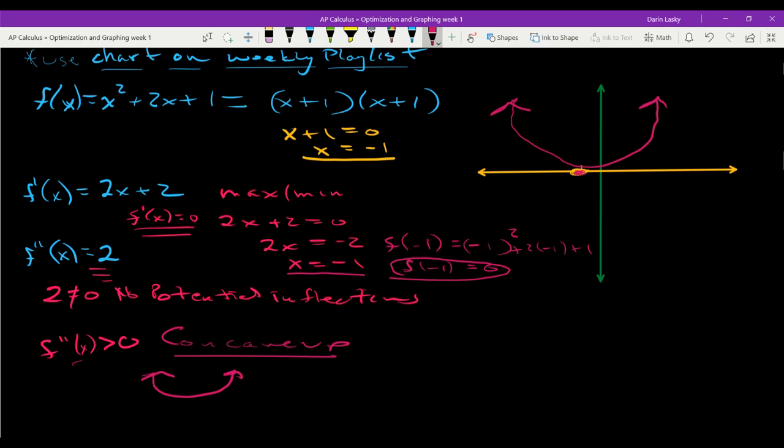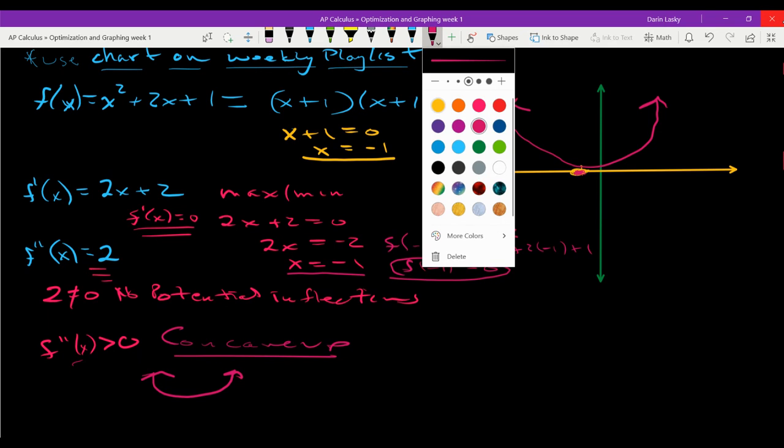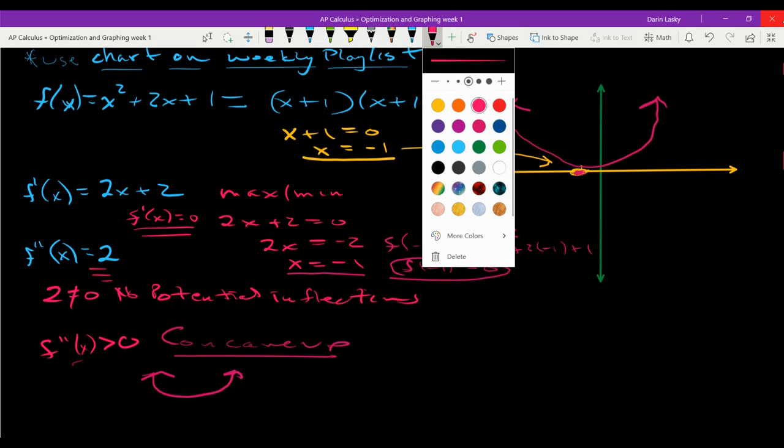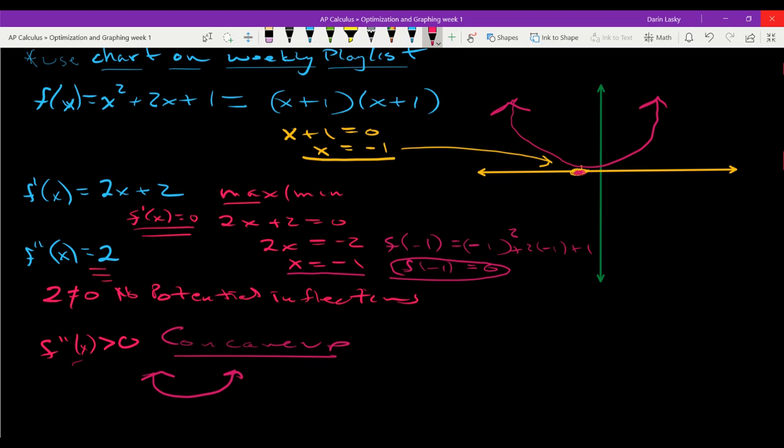And so if we really look at this piece here, if I set it equal to 0, I've got my x-intercept. If I set my f prime equal to 0, I'm looking for maximum or minimums.